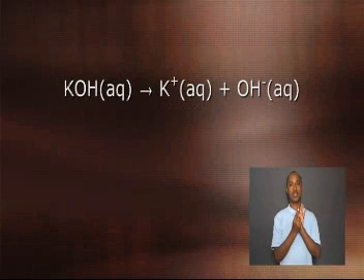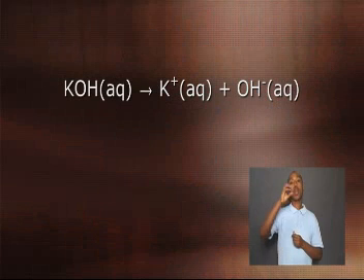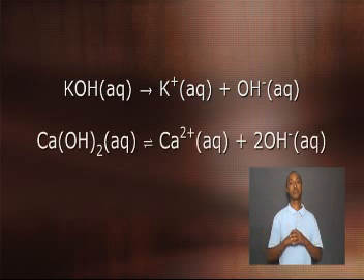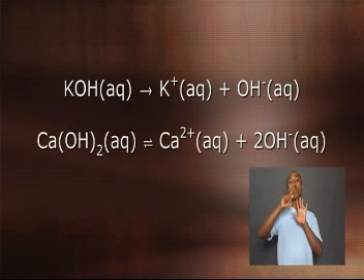When soluble bases dissolve in aqueous solutions, they release a hydroxide ion. For example, the dissolution of potassium hydroxide produces a potassium plus and a hydroxide ion. When calcium hydroxide dissolves, calcium plus and hydroxide ions are formed.